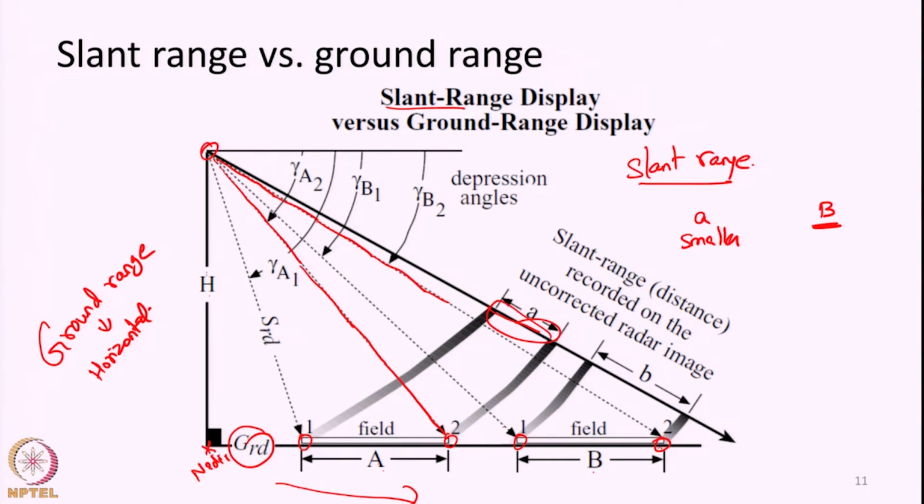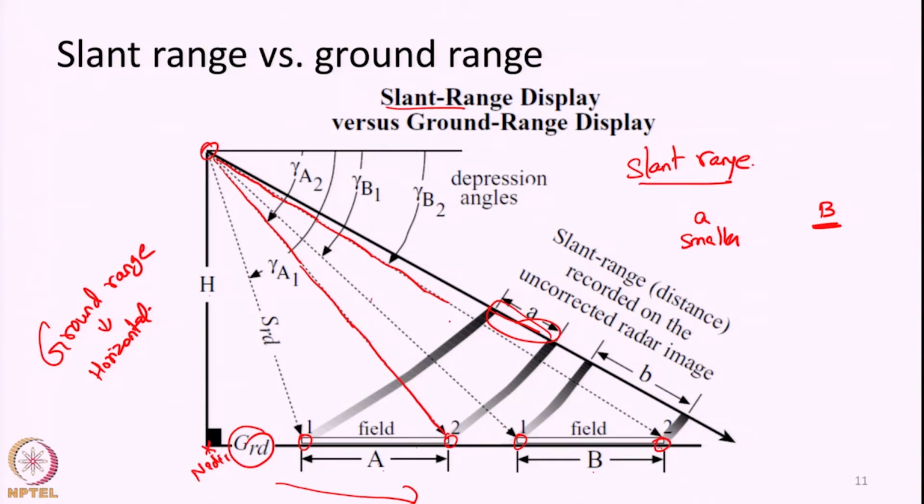But if we convert the slant range to ground range, if we calculate the true horizontal distance of each field, then we will realize both fields have the same linear dimensions. So, this is a major difference between how our normal photographs are taken and how a radar imaging system works.